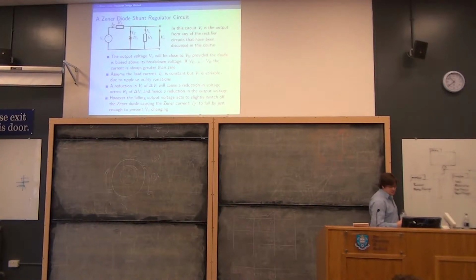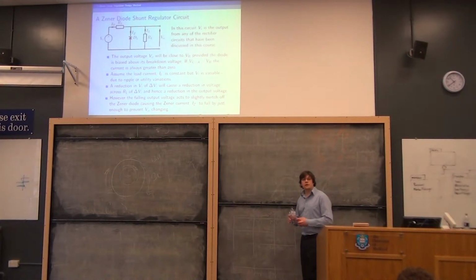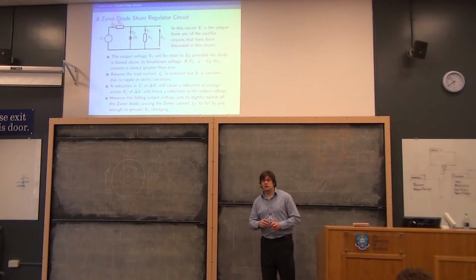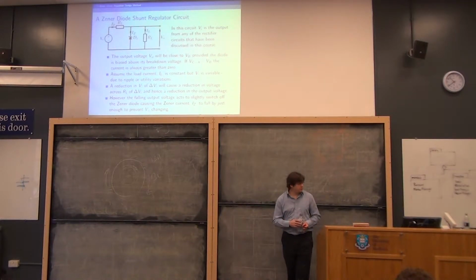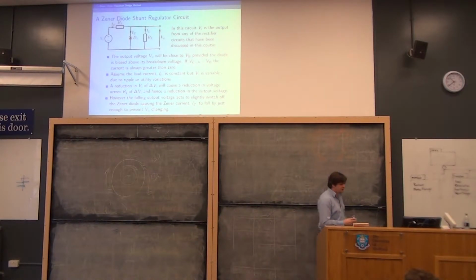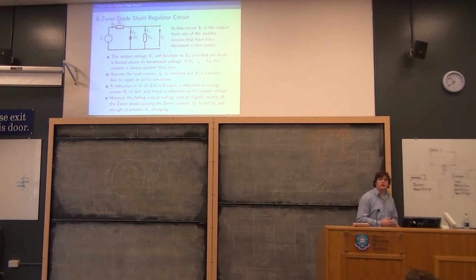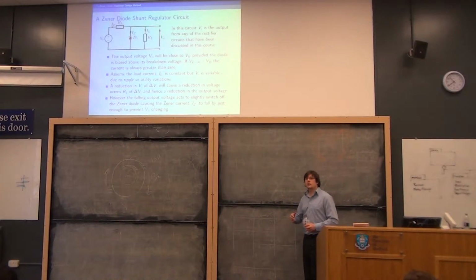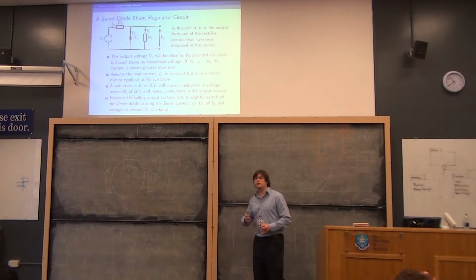So we'll assume that the IL is constant. That's the load current. So we want in our circuit the current that flows in the load resistor to always be the same value. And we will adjust VI and see what happens. So this is the case of stabilization. We're worried about what happens to our output voltage when our input voltage varies.